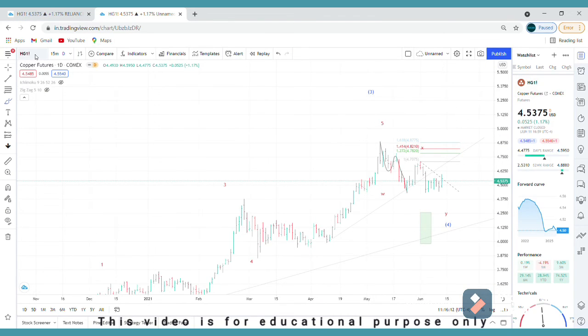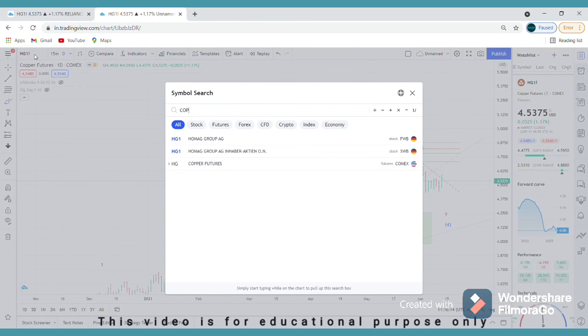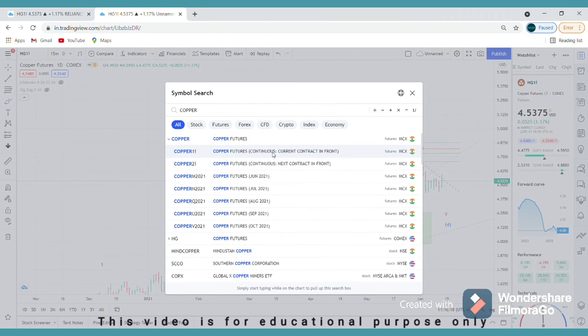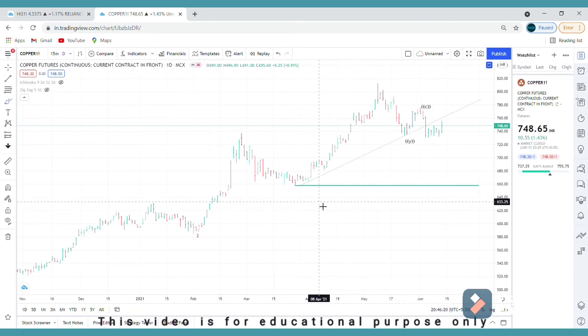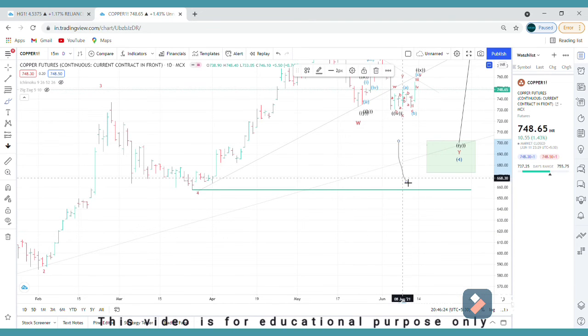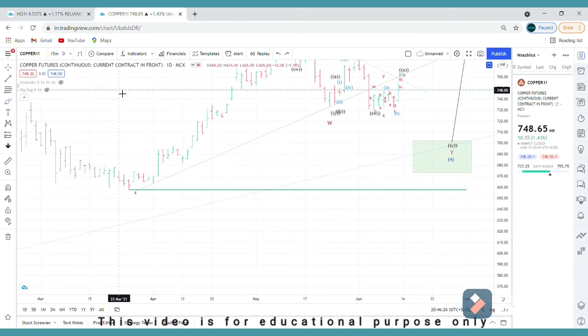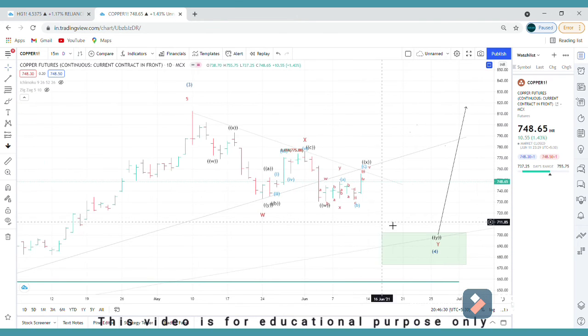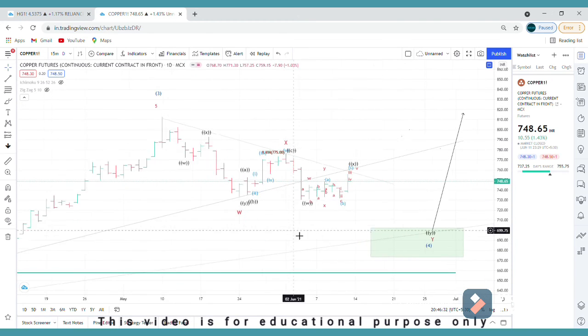The same movement is there in our M6 also, because our domestic M6 copper follows the same trend that is there in the international market. In this you will be able to see smaller wave counts also that I have mapped.